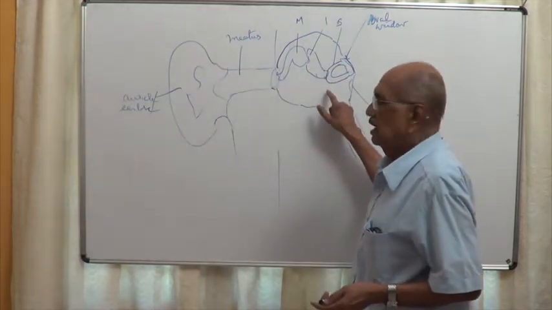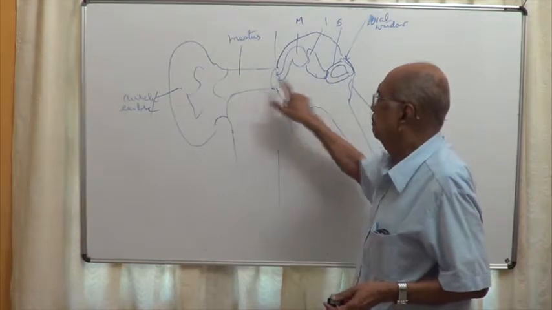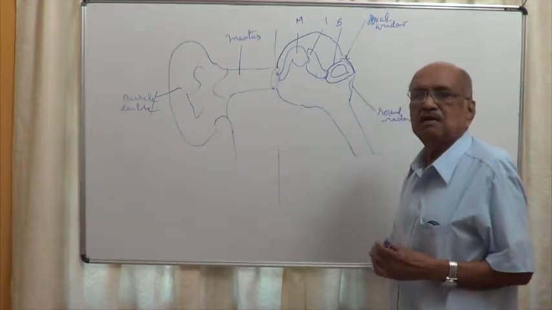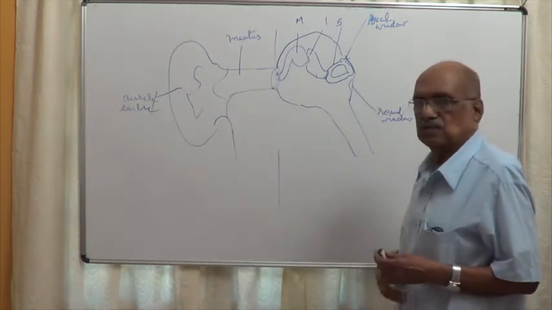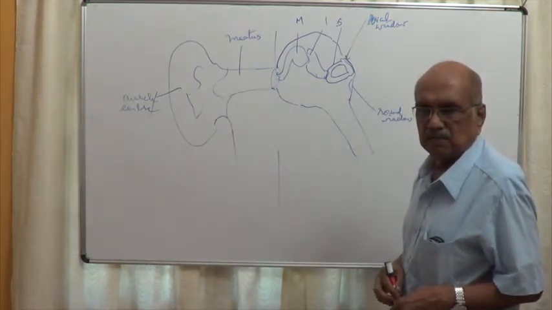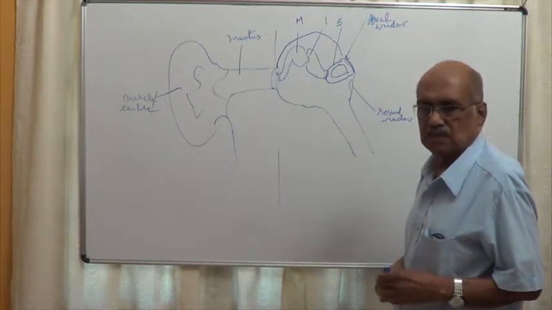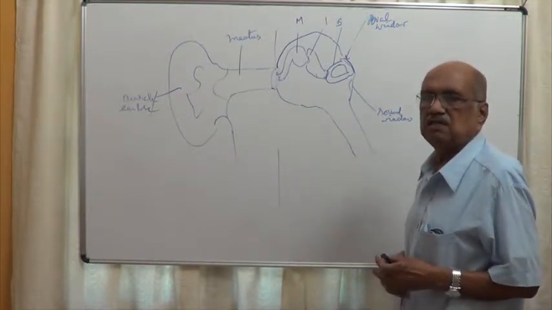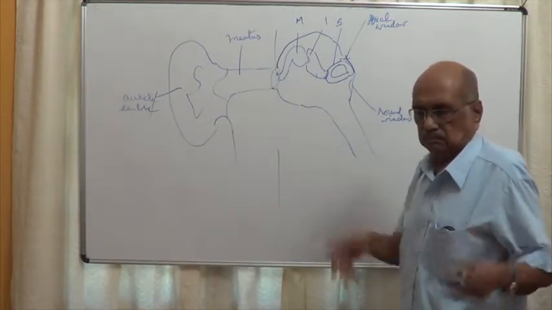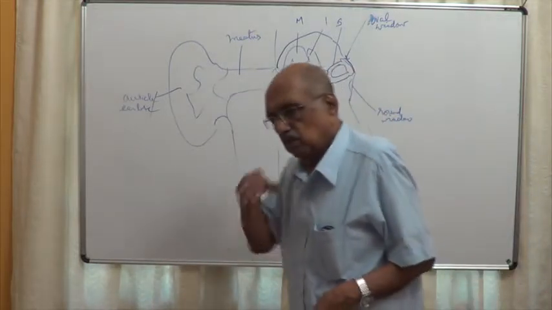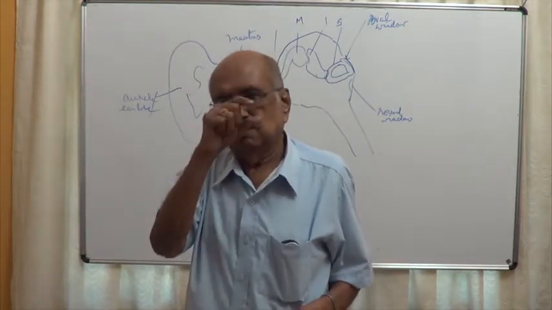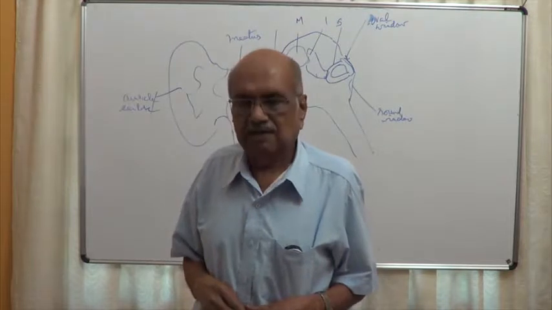So, external ear, middle ear. The problem with the middle ear is that it is connected to the throat by a pharyngotympanic tube, formerly called eustachian tube, more or less horizontal in young children, and in adults it is slowly inclined.